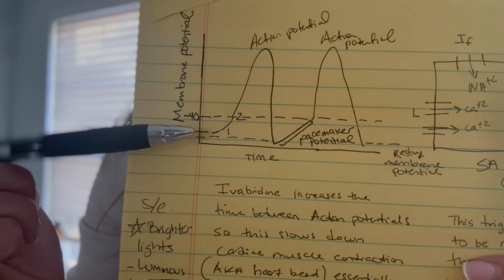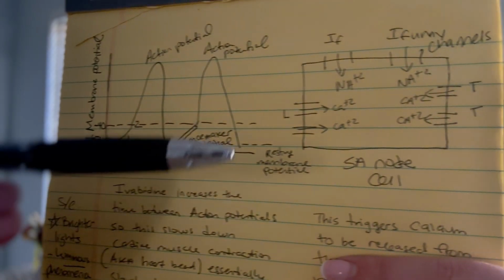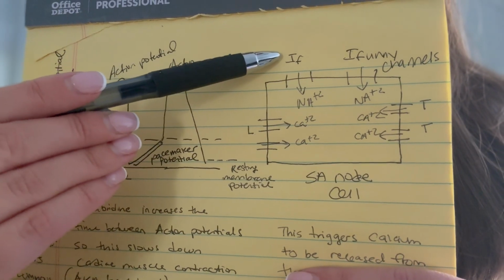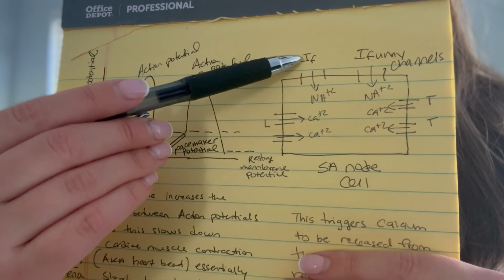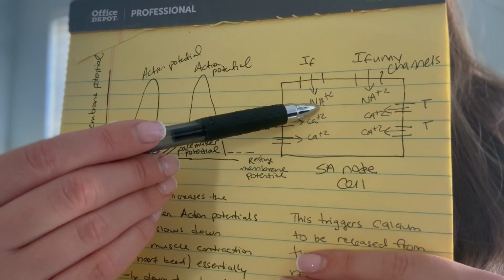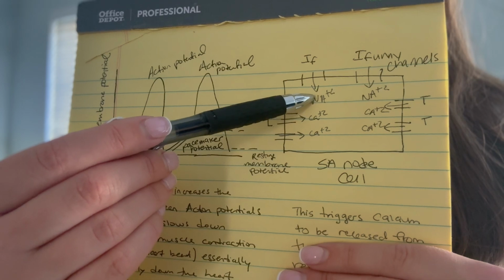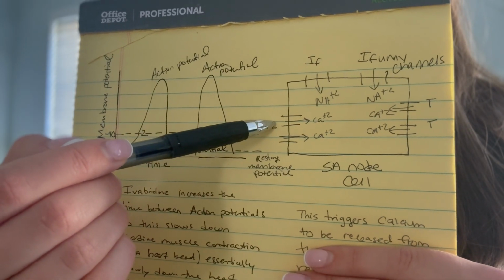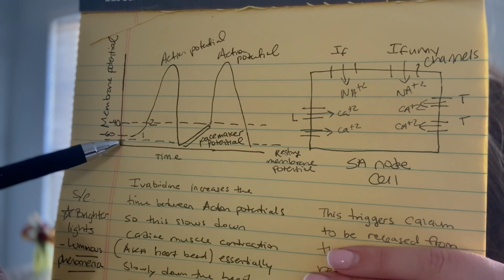In the SA node, or the pacemaker of the heart, we have something called the funny channels. The funny channels are in the membrane of the SA node, and they allow sodium to flow in. This influx of sodium causes the cardiac cell membrane to become more positive.